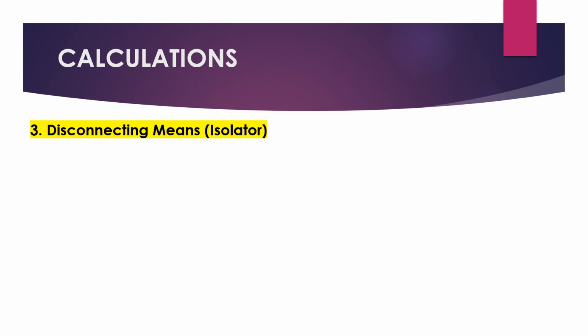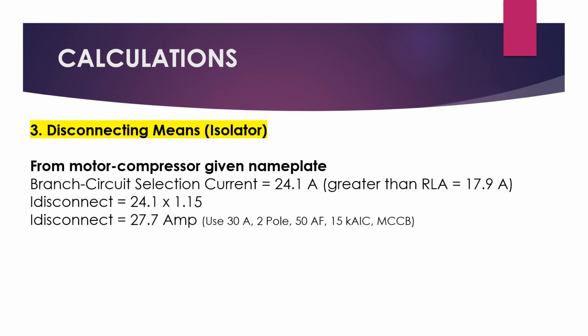Now let us go to the calculations. Disconnecting means or isolator. From the motor compressor given nameplate, again we have to use the branch circuit selection current because this is greater than the rated load ampere. So I disconnect, or I for the isolator, is equal to 24.1 times 1.15, which comes out to be 27.7.